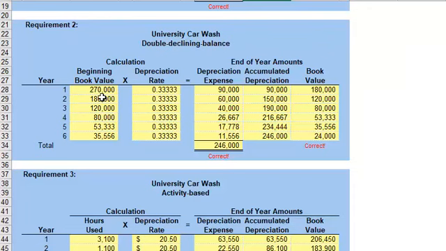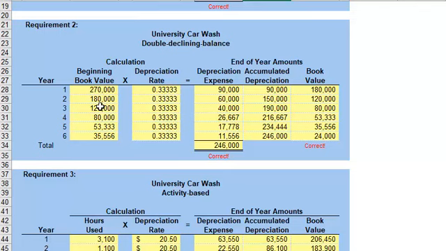What we have here, as we discussed, we have our beginning book value of $270,000. It has not been decreased by the residual. We multiply it by our rate, which is 2 divided by the years, so 2 divided by 6 in this example. And we get our depreciation expense, which for the first year is our only accumulated depreciation. The book value is going to be our book value less our accumulated depreciation of $180,000.